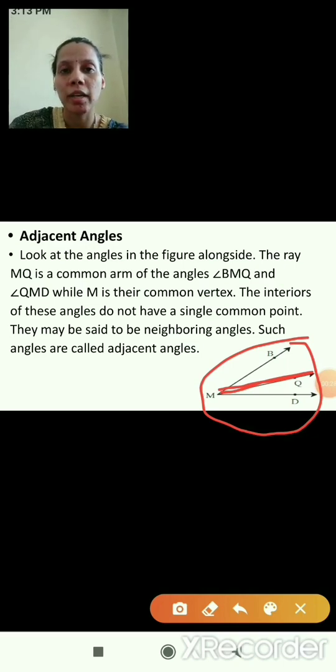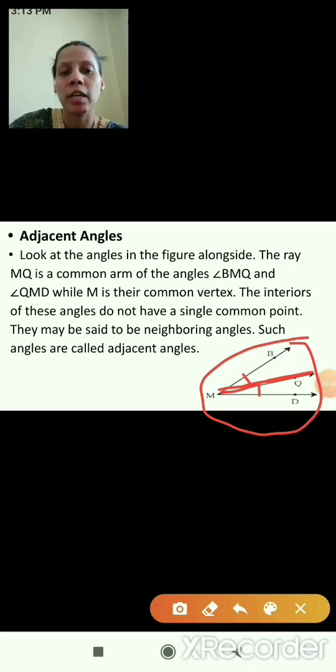There are two angles, angle BMQ and angle QMD. So ray MQ is a common arm of both angles, angle BMQ and angle QMD, while M is their common vertex.